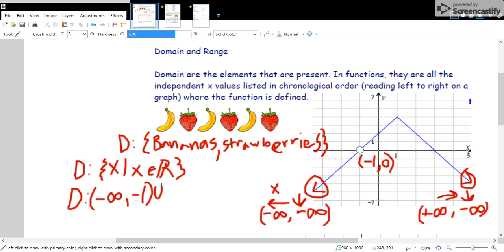The union, -1, and then we keep going until we get to the rightmost x value, which is positive infinity. That would be our domain in interval notation.